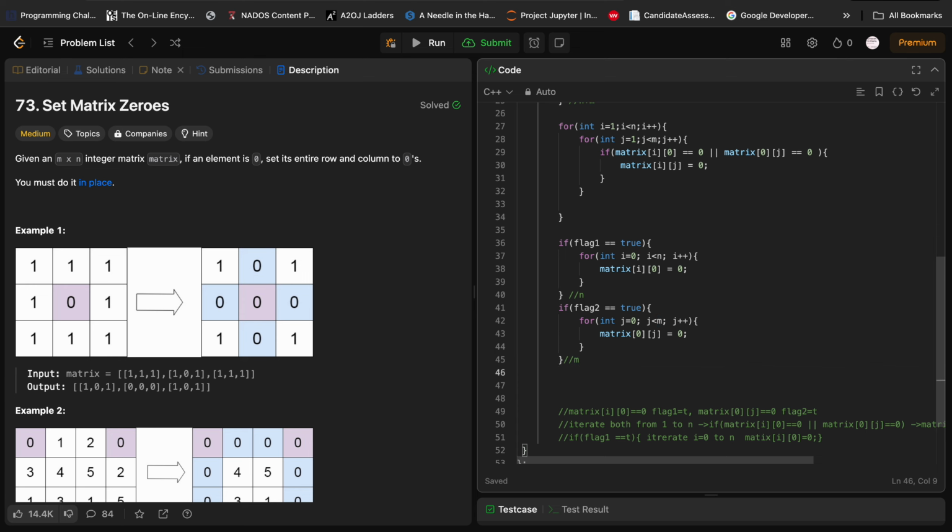So the overall time complexity would be 2 into (n plus m) plus 2 into n into m.